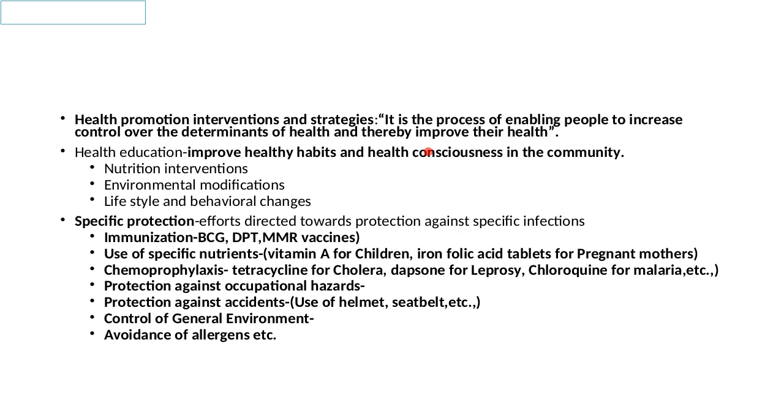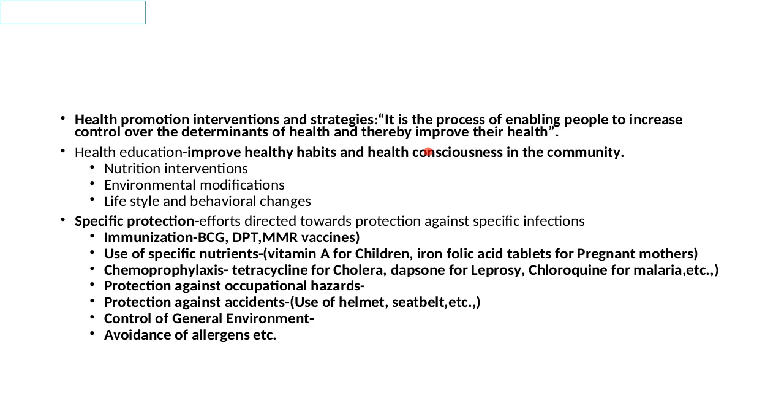Then we have protection against occupational hazards. When you're giving safety gear, PPEs, personal protective equipment, you're protecting that person from any harmful effects that might occur during their work. If you're giving a helmet to people working in a quarry, you're preventing injury to their heads from the rocks they work under.